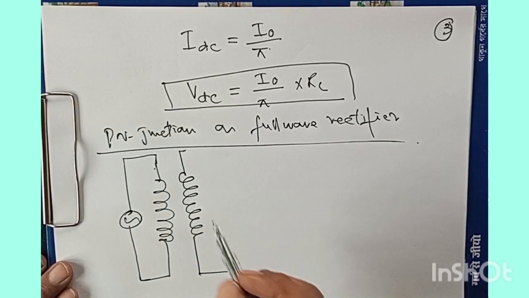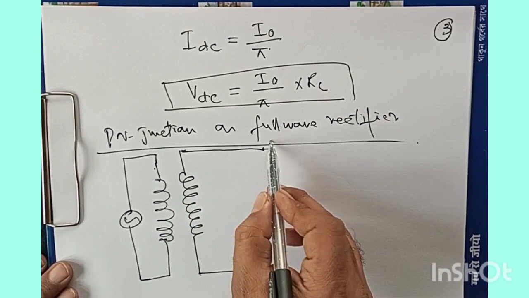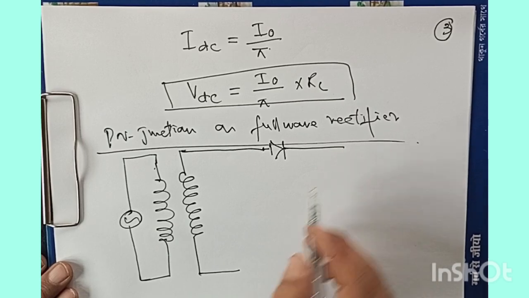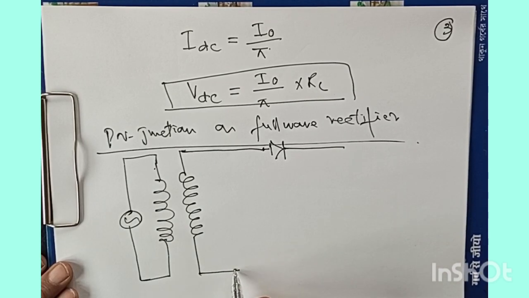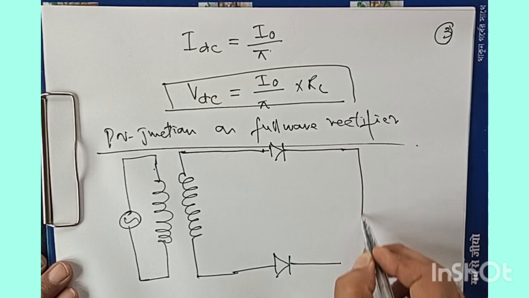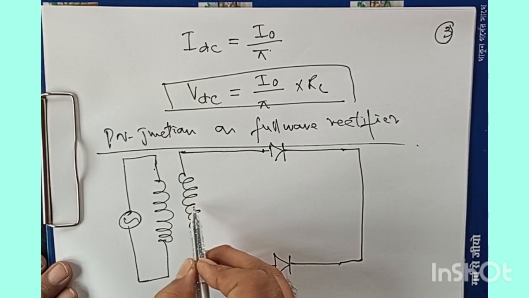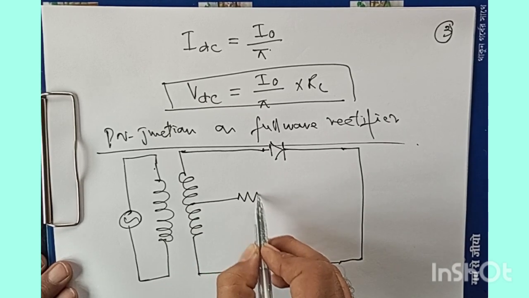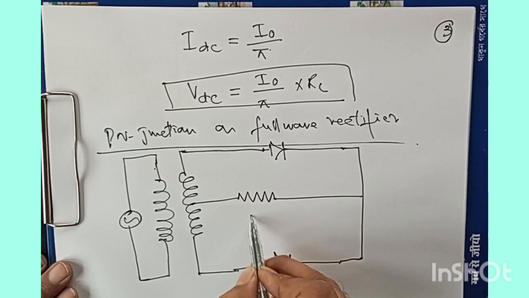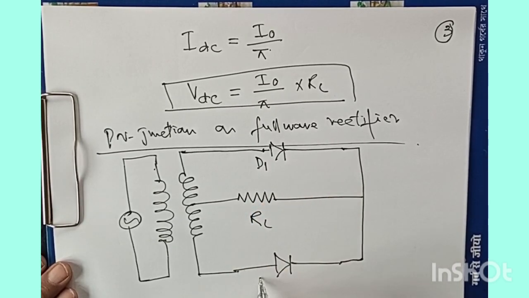From here we have a PN junction like this, and from here we have another PN junction like this, and we have to obtain the output at the load resistance RL. So this I will call D1, diode 1. This I will call diode 2.